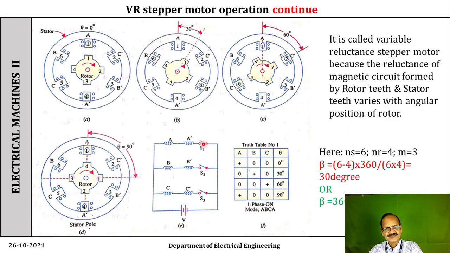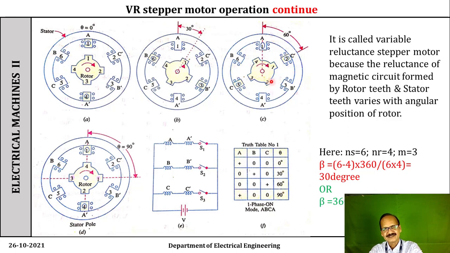Now switch on once again the switch S1, keeping S2 and S3 open. When S1 is switched on, A and A dash get excited and produce the north pole and south pole. Obviously, what will happen to the rotor poles 2 and 4?